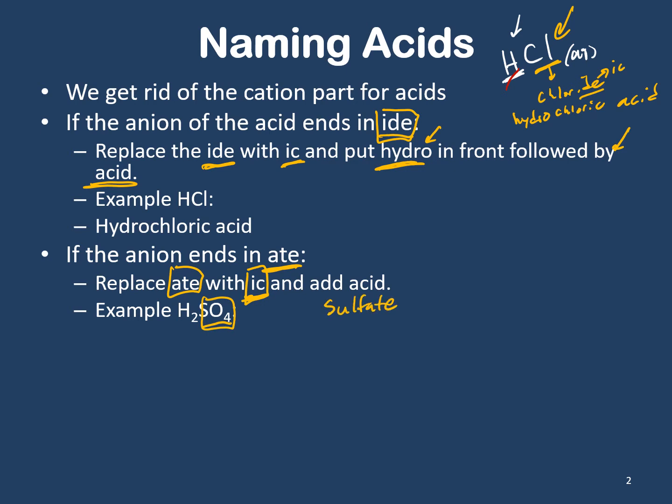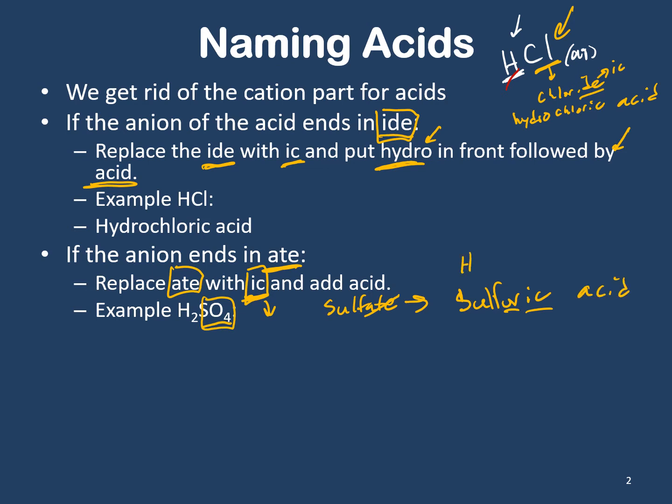And I use this as an example because it actually is a little bit of an exception to the norm. Normally, you just replace ATE with IC and call it a day, add the word acid. With sulfate and phosphate, we actually have to add some of their name back in. So sulfate becomes sulfuric. So we add UR back in and then add IC, acid.